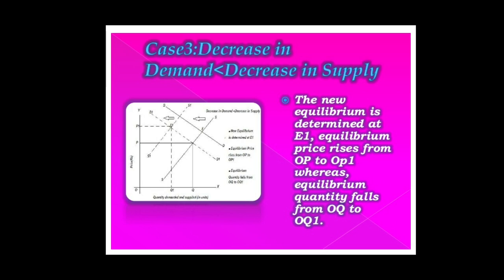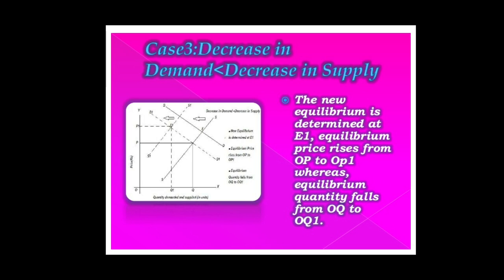As can be seen from the figure, the new equilibrium is established at point E1 where the new demand and supply curves intersect each other. At the new equilibrium point E1, the equilibrium price rises from OP to OP1, whereas equilibrium quantity falls from OQ to OQ1.